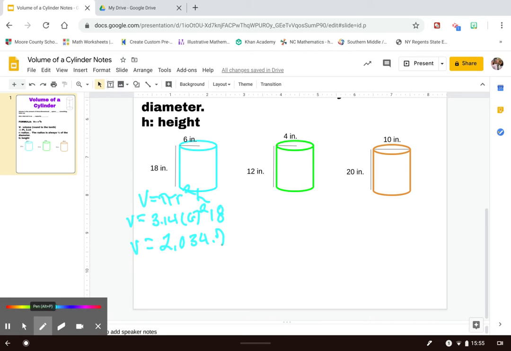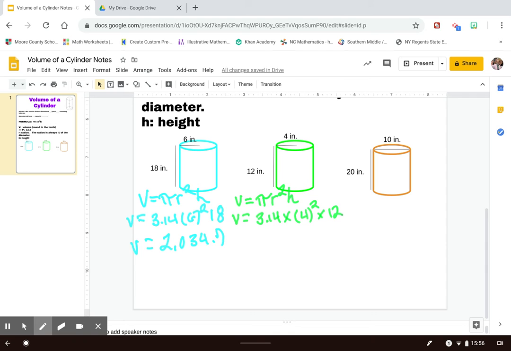If I look at this next example, again we'll begin with our basic volume formula: volume equals pi r squared times the height. So volume is going to equal 3.14 times the radius squared. Here my radius is 4, so it's going to be 4 squared. And then I've got my height, which is 12.